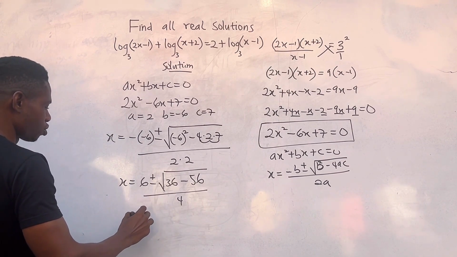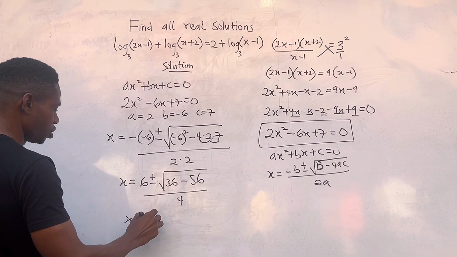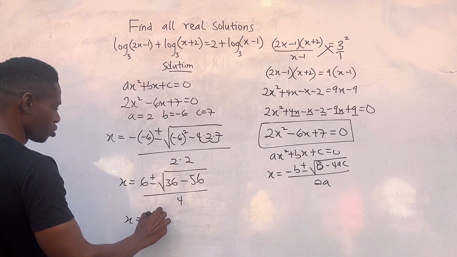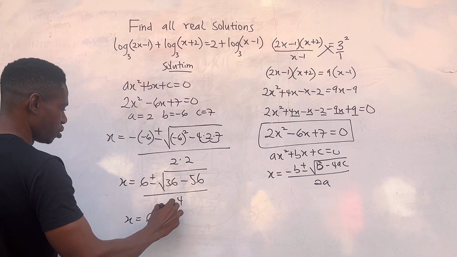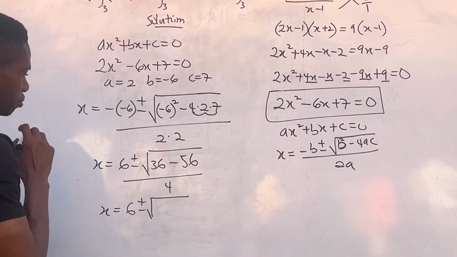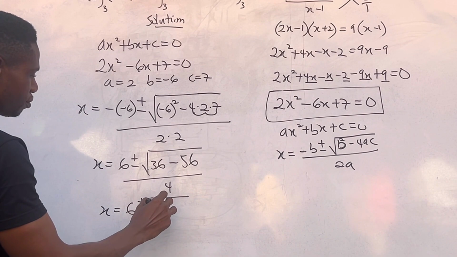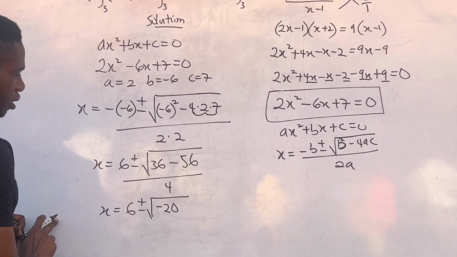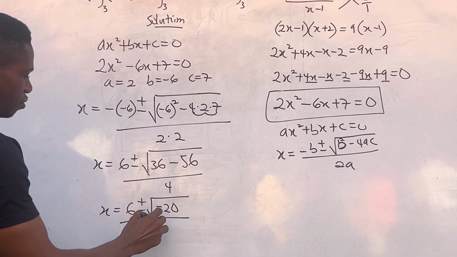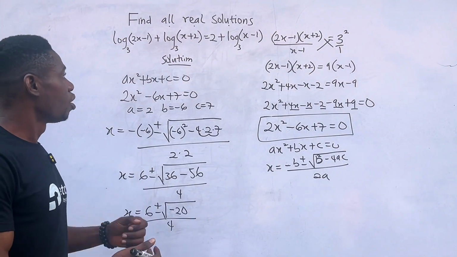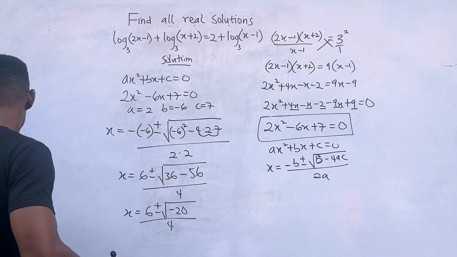Okay, so x will be equal to 6 plus or minus the square root of negative 20 all over 4. Okay, so let's proceed.